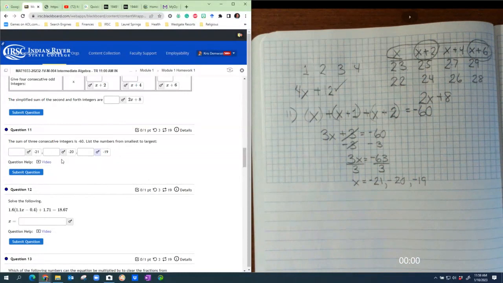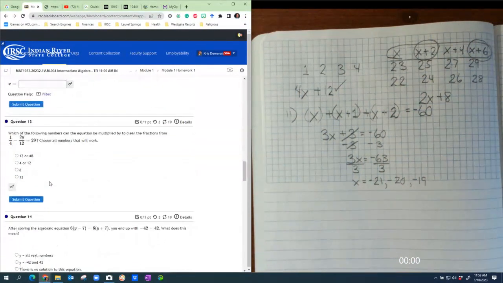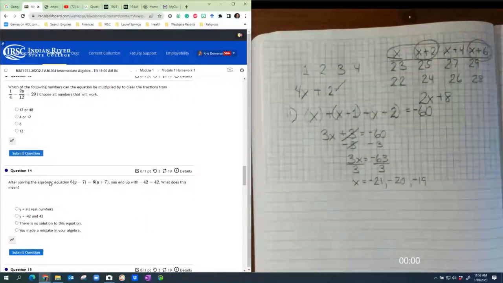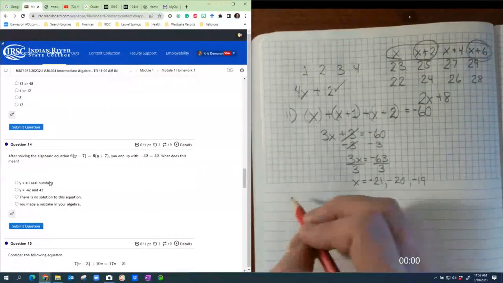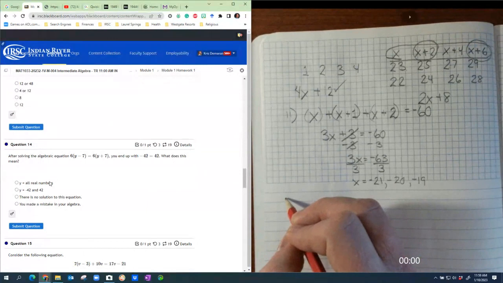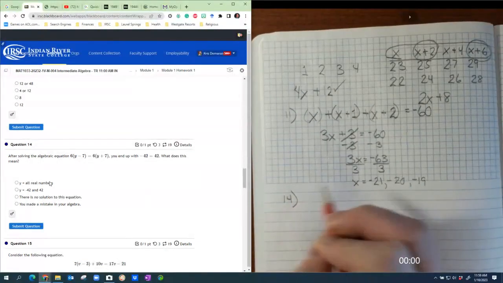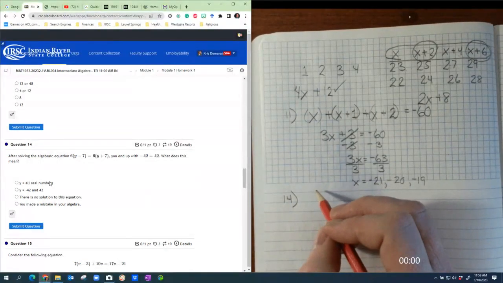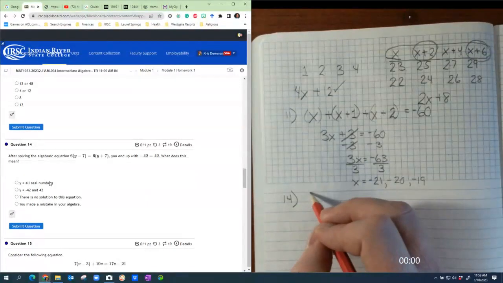Since I did number 11, I'm going to skip over number 12 so I can get through it a little faster. I'm going to go ahead and do number 14. Number 14 is about solving an algebraic equation.